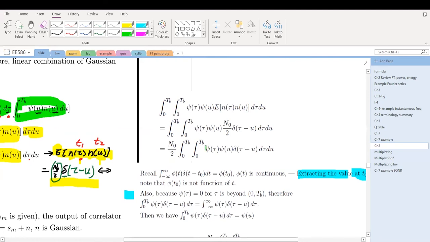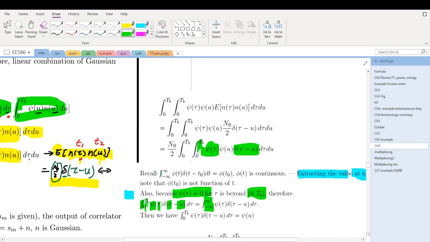Now let's look at the integral over tau. This is a double integral, and now I want to integrate tau out. This is an integrand related to tau, and this is related to tau. Now this integral over tau from 0 to Tb actually equals the integral from minus infinity to infinity, because psi tau equals 0 outside 0 to Tb.